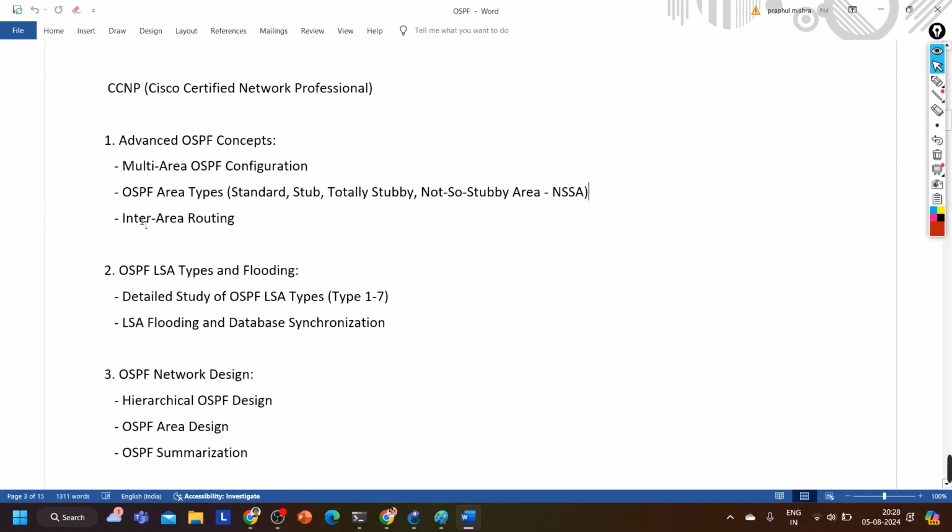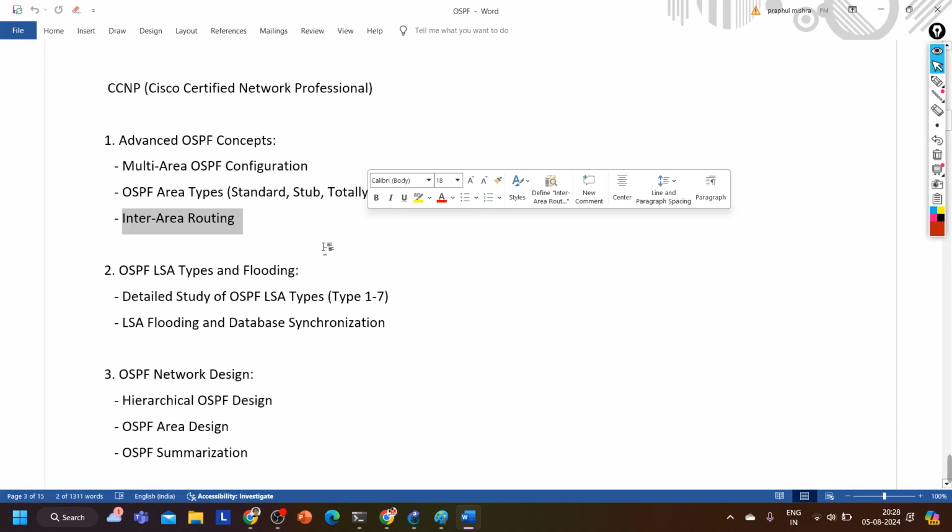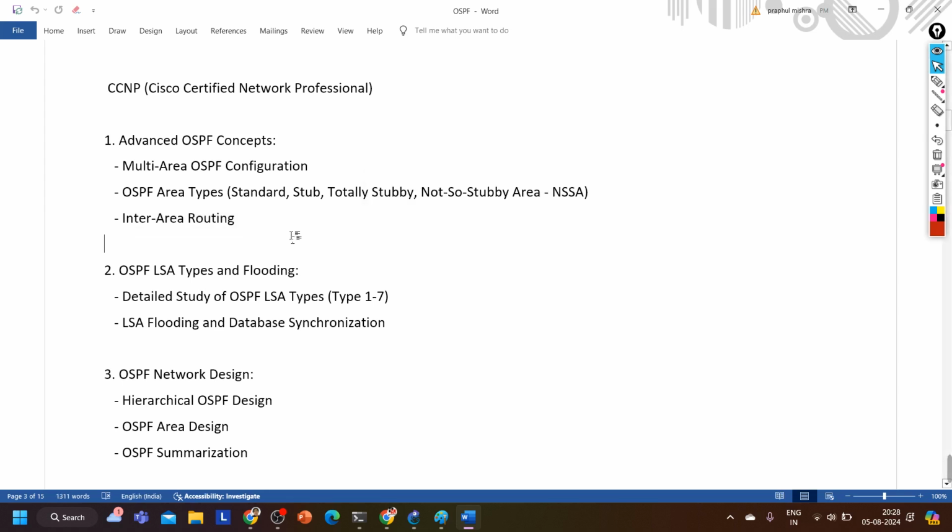Then inter-area routing: how to make communication between two different areas, how to troubleshoot OSPF between two different areas, and the differences between forming OSPF neighborship within an area and between areas. Like I have three routers R1, R2, R3.